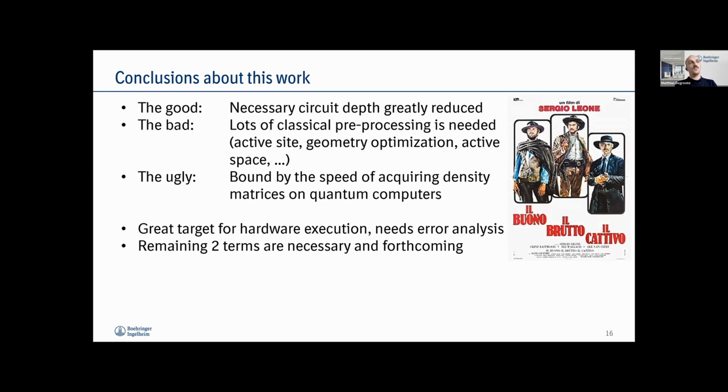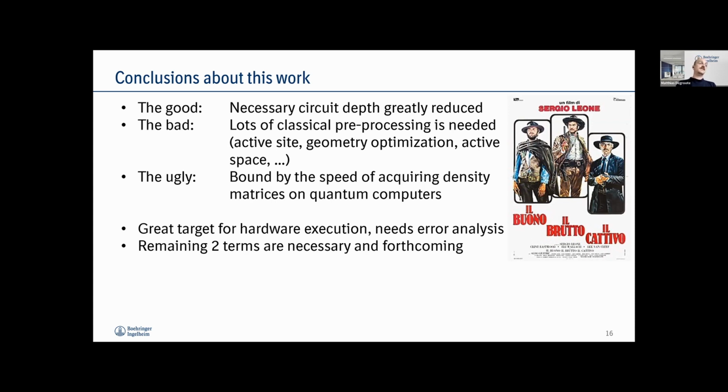While if you want to calculate ground state energies, you would need 5 layers, we now only need 1 layer. The bad, of course, is that there's a lot of classical pre-processing needed, and to fit everything on a current quantum computer, it's really limiting the effects you can see.